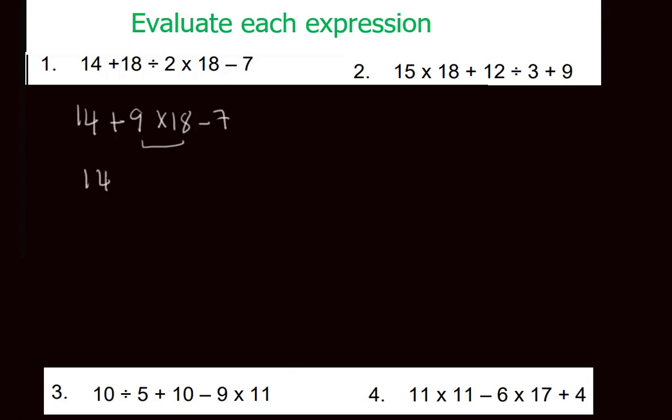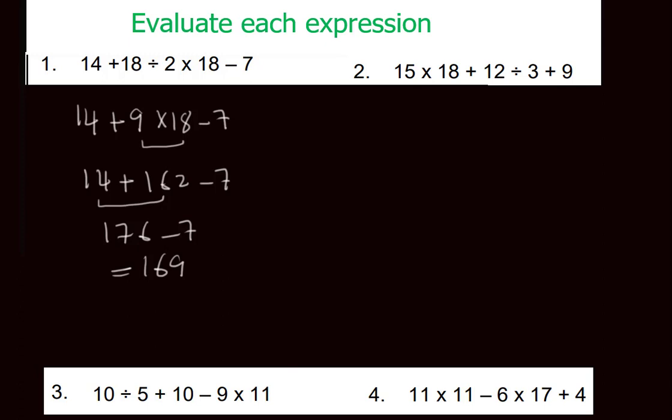So we have 14 plus 162, which is 9 times 18, minus 7. Now the only operations we have are addition and subtraction, so we will add, then subtract. So 14 plus 162 is 176, minus 7. So 176 minus 7 is 169.